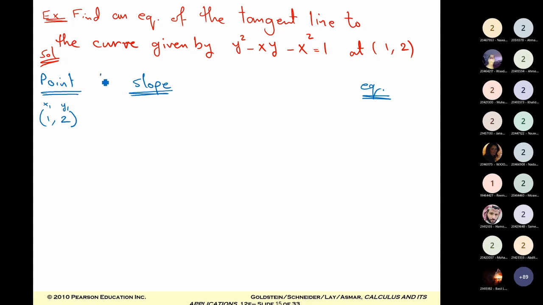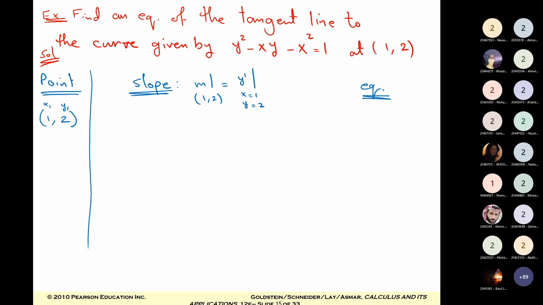This is the point. Okay. The slope, this is what? This is the m at 1 and 2. This is equal y prime at x equal 1, which means at x equal 1 and y equal 2. Okay. So to find the slope, we need to find the y prime.